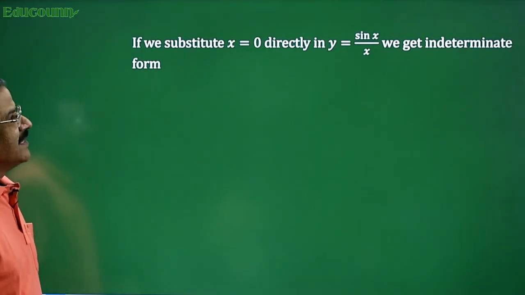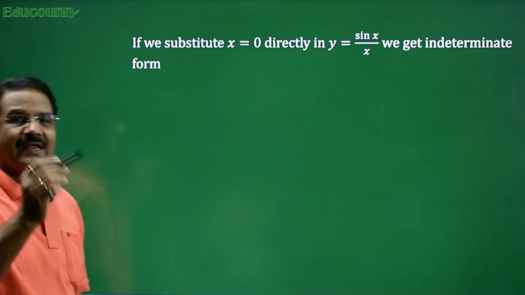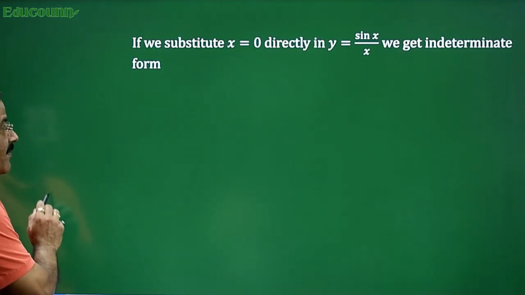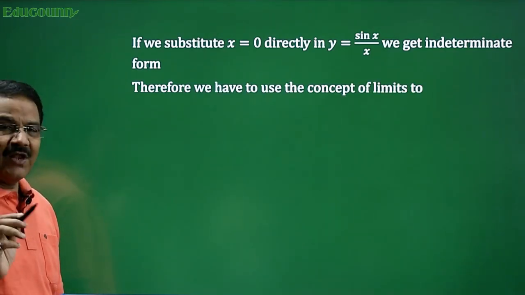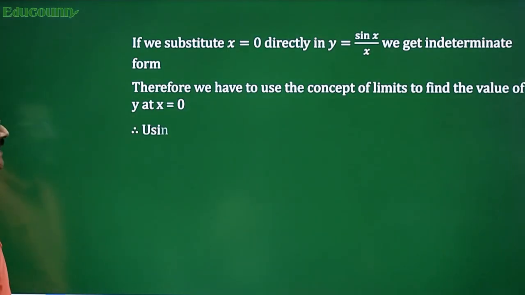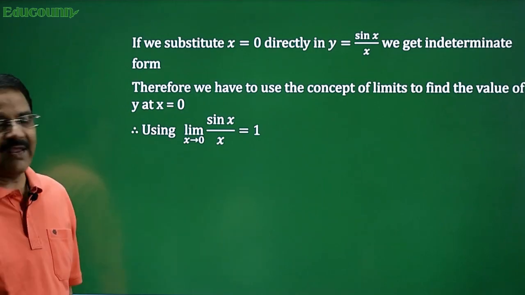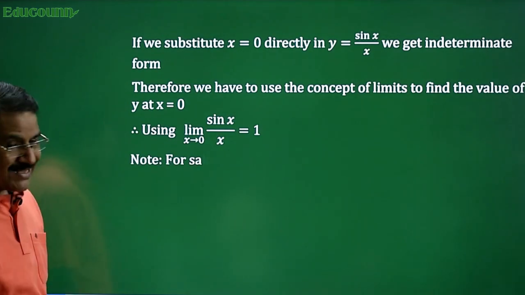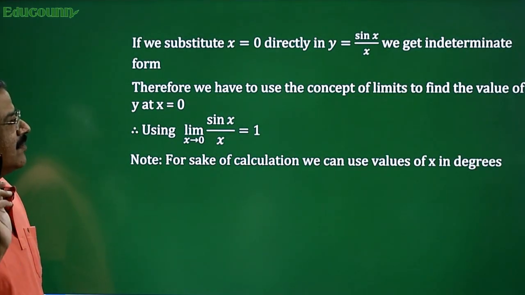We know that sin 0 is 0, x is 0, and whenever it is 0 upon 0, it is called an indeterminate form, and therefore we are going to use the formula for limits, that is, in limits as x tends to 0, sin x upon x is equal to 1. In other words, at x equal to 0, the value of y is 1.